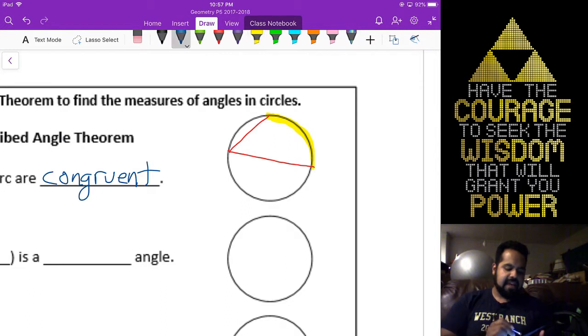If I have another inscribed angle that has those same endpoints of the arc, then those two angles are congruent. In this case, I could say this is angle A, and this is angle B. So I would say A is equal to B. It's as simple as that.